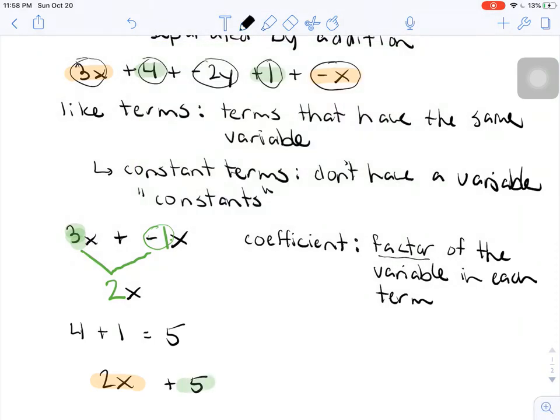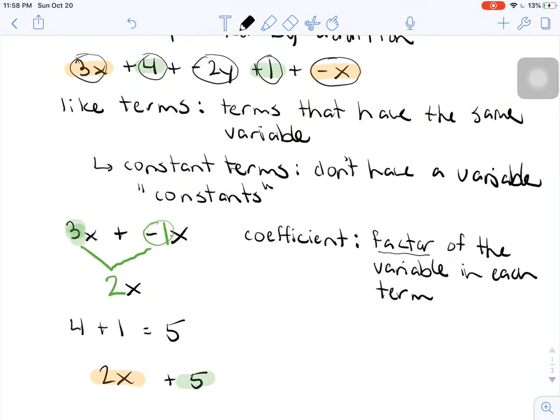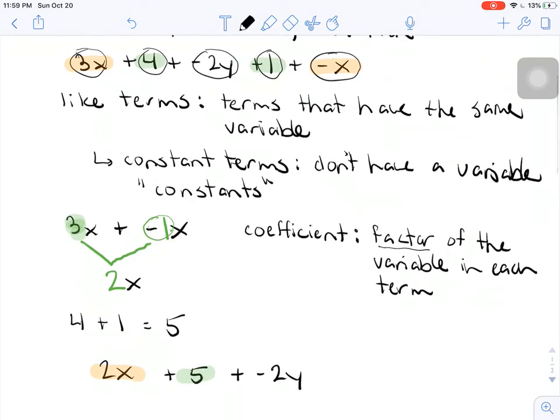Now there is one term left that wasn't highlighted, and that is the -2y, because there's nothing else with the y in it. It doesn't have a like term. It's just sitting there. So there's nothing that it can be combined with, but it's still part of the expression. When we're done, we would just rewrite it. So our expression we started with, when it's simplified, is 2x plus 5 plus negative 2y.